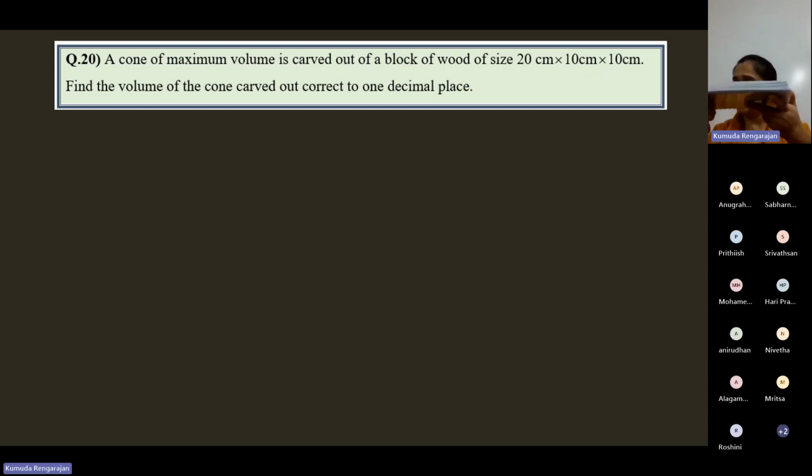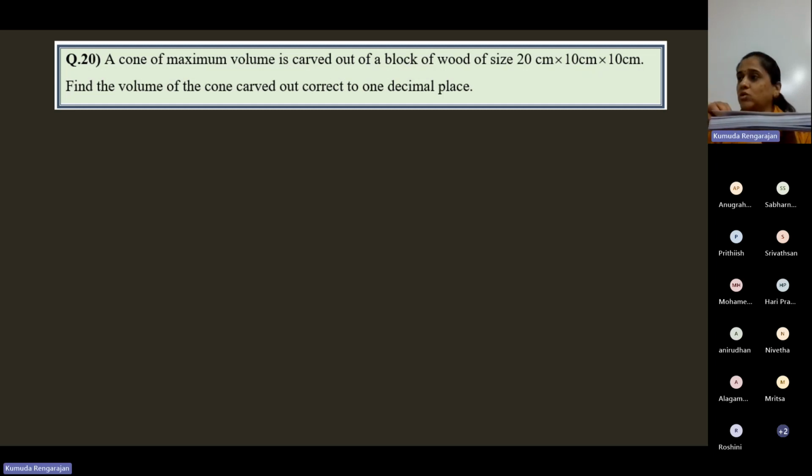So this is that block of wood. The dimensions don't match this, but okay, so 20 centimeters is the length, 10 centimeters is the breadth, and 10 centimeters is the height.